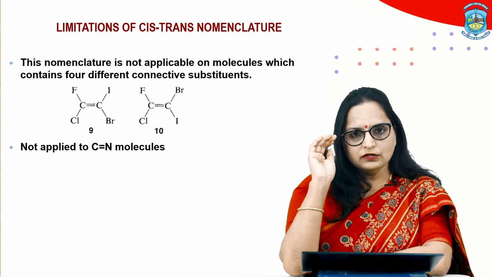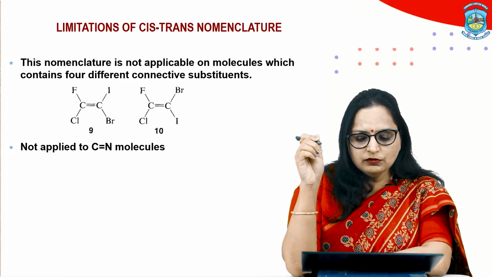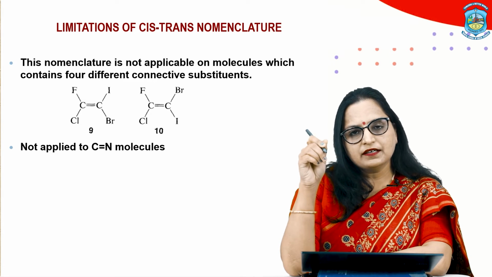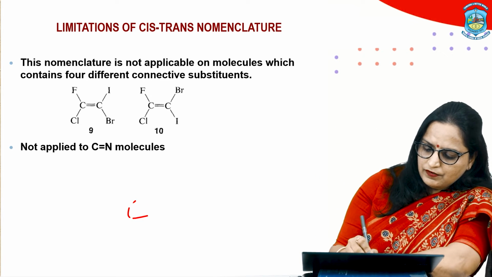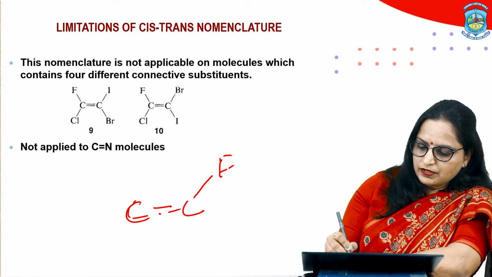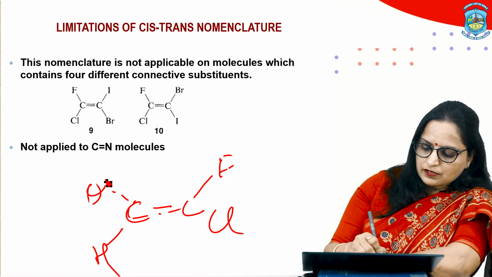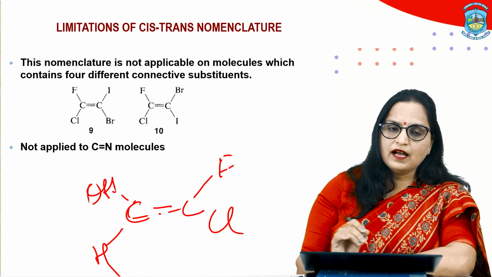But there are certain limitations of cis-trans nomenclature, that is, it is not applicable to molecules which contain 4 different substituents. Why? As you can see, if I have C double bond C, with fluorine, chlorine, hydrogen and OH, from the structure you can see I do not have similar groups on either side.